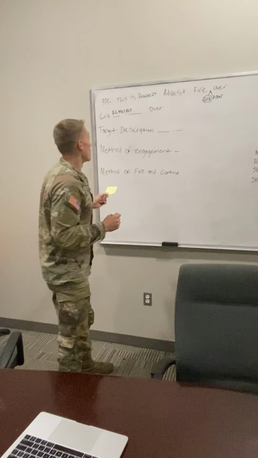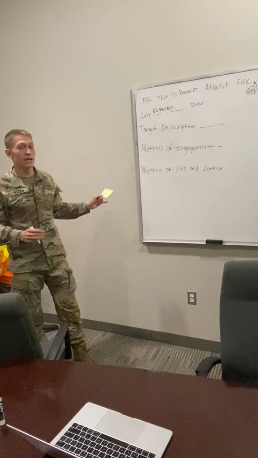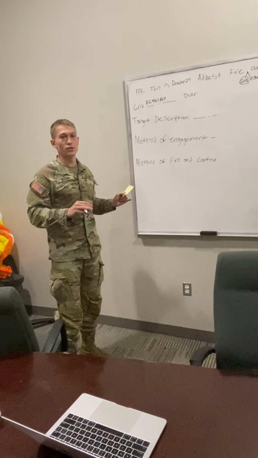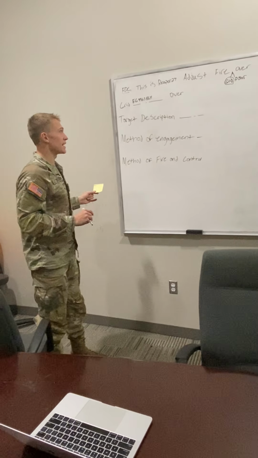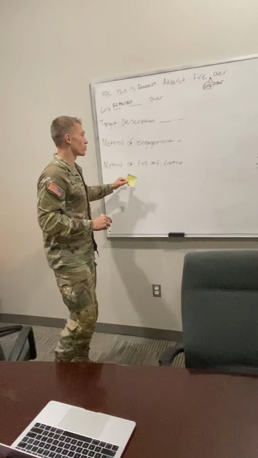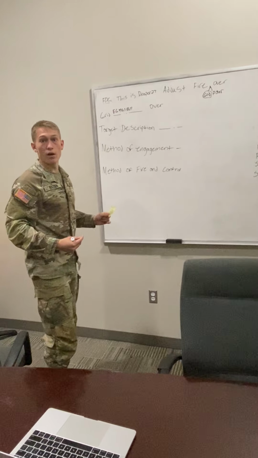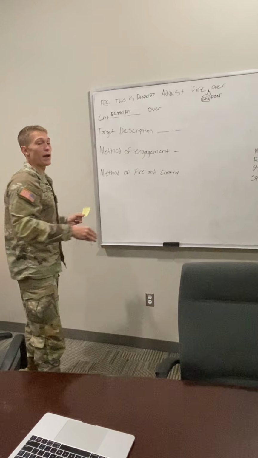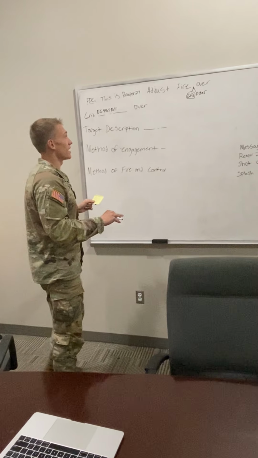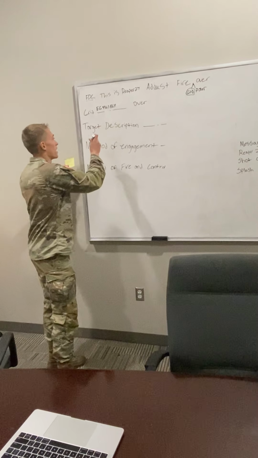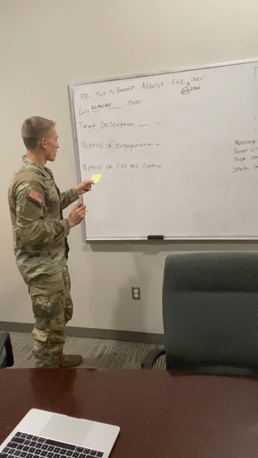Another thing is when you're calling in a call for fire mission, you never use the word repeat. You say again. Because repeat, once you call for fire initially, means you're gonna repeat the rounds you already shot off. So they're gonna shoot more rounds if they hear repeat. So you don't say that, you say again. Okay, moving into the target description.